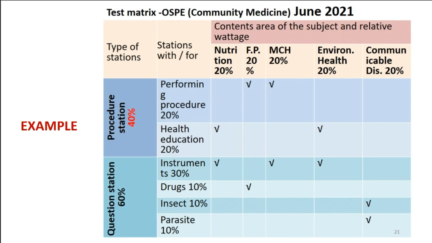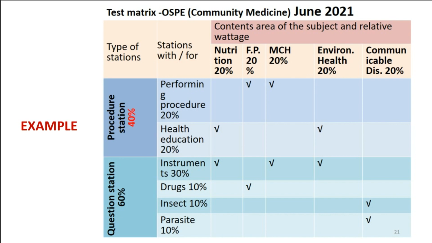Example, test matrix OSPE, community medicine, June 2021. Content areas of the subject and relative weightage, and type of stations: nutrition, family planning, MCH, environment, communicable disease, each around 20%.